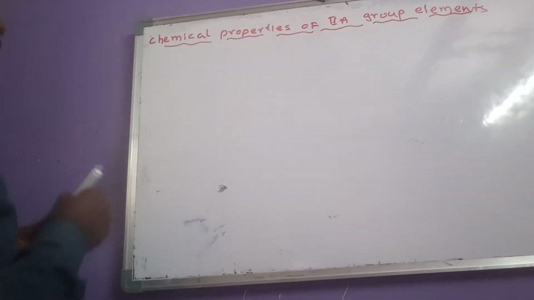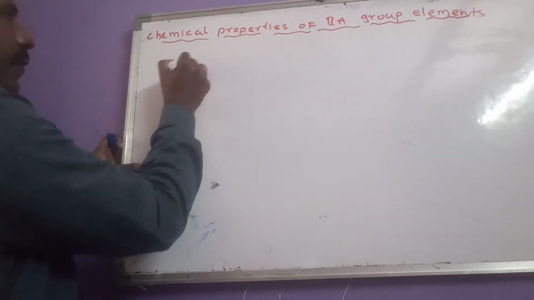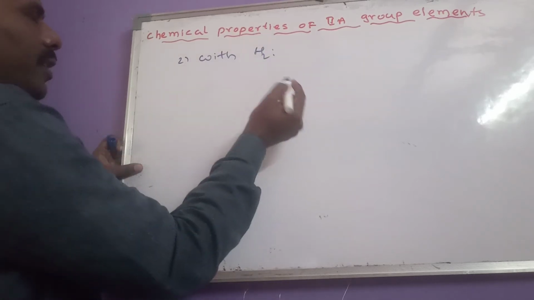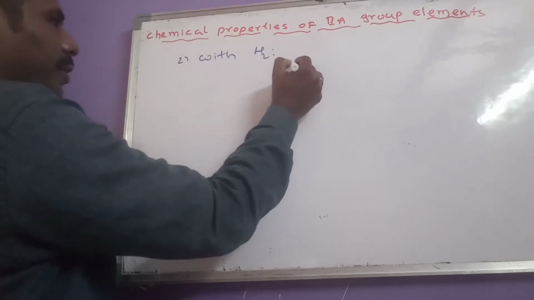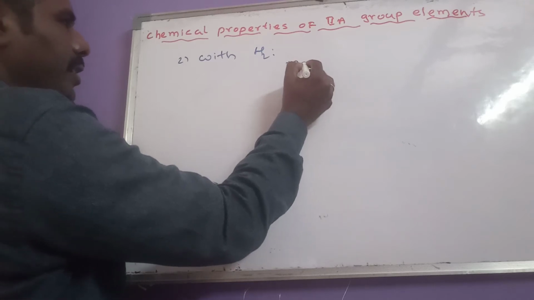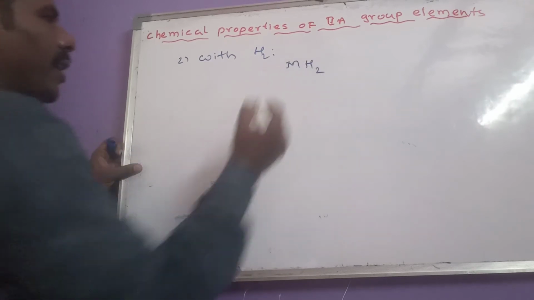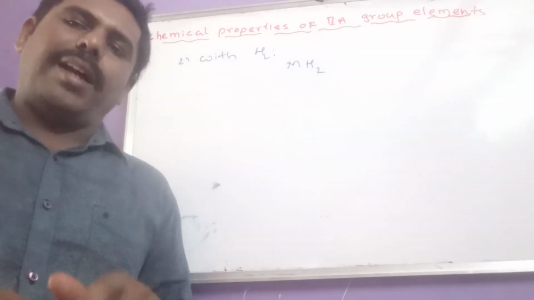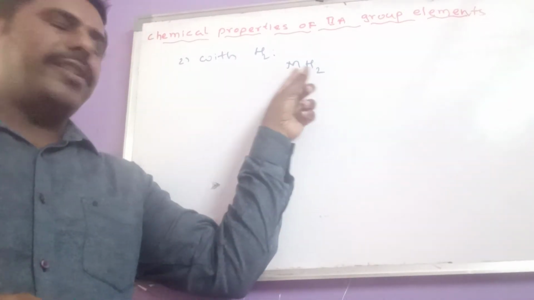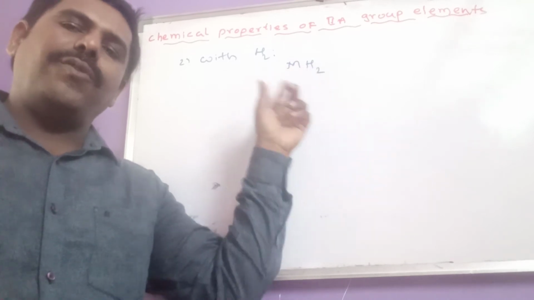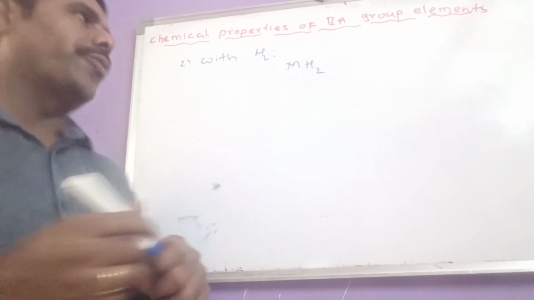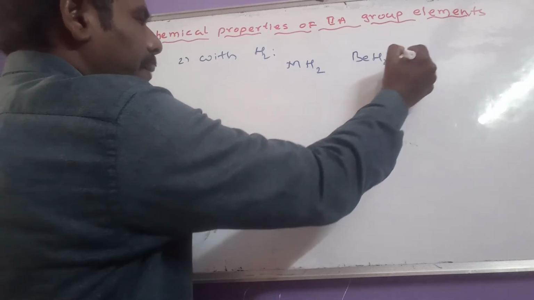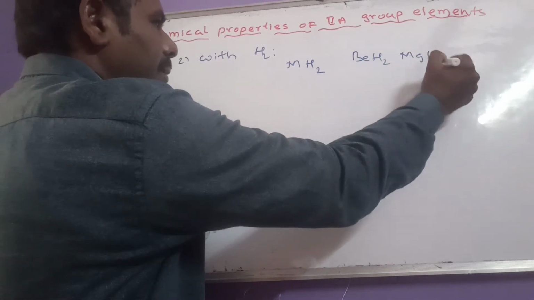Okay, then after that, reactivity with hydrogen. What are the products? Let us see here. Except beryllium and magnesium, the remaining alkaline earth metals directly combine with hydrogen and form hydrides of formula MH2. Then how can we prepare beryllium and magnesium hydrides?